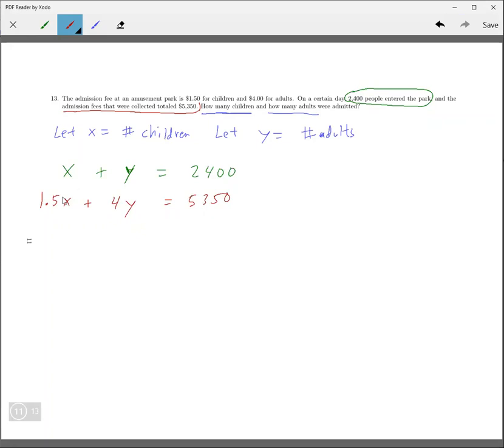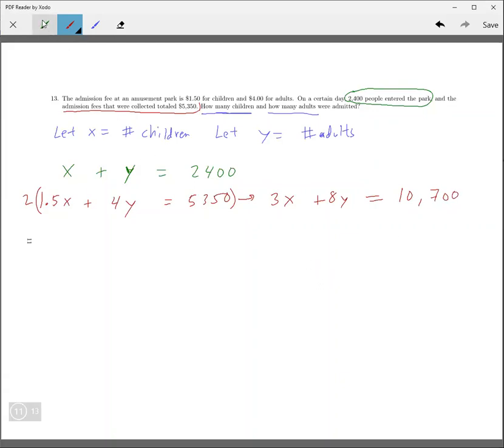So usually I don't like fractions. I don't like decimals or fractions because that kind of messes things up. So let's go ahead and multiply this by 2, and that will get rid of that. So I'm going to have 3x plus 8y equals 10,700. Okay.